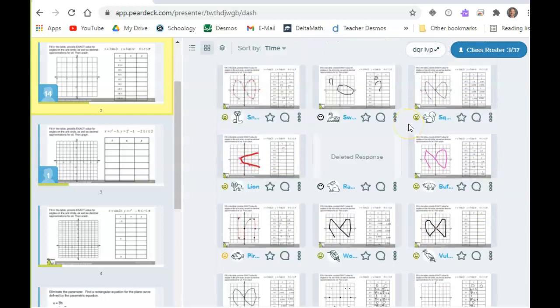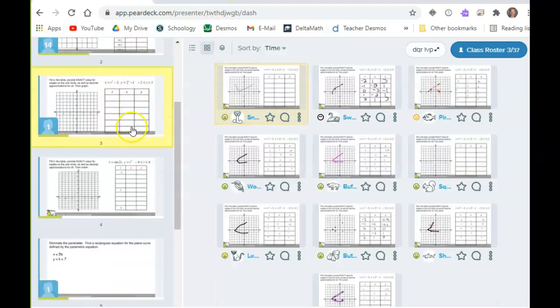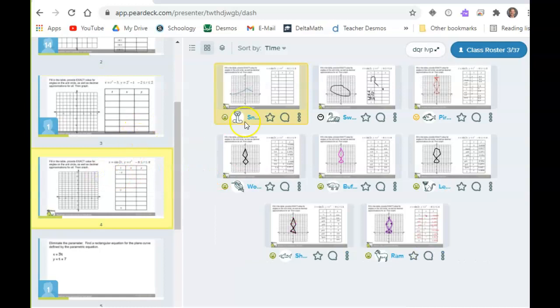I'd say half the class did it, maybe, and of them, a handful did it accurately. The problem was you had to make the table with parametric equations, and then we graphed that, and that showed us the curve of the function as it moved along.